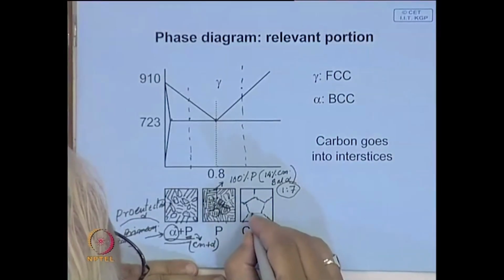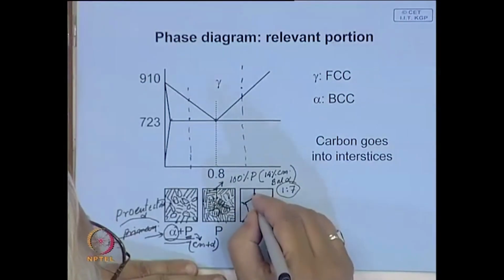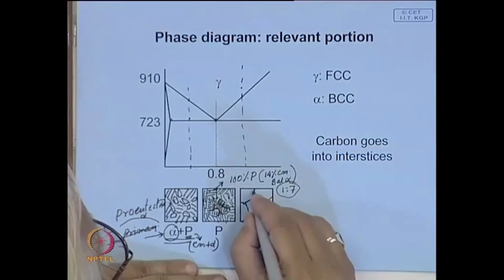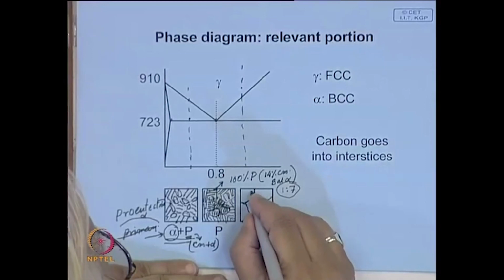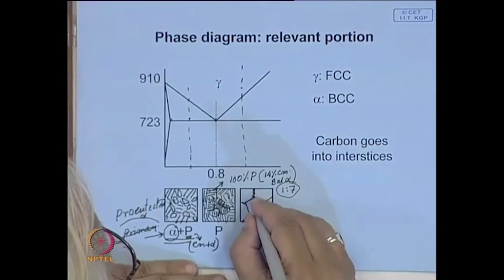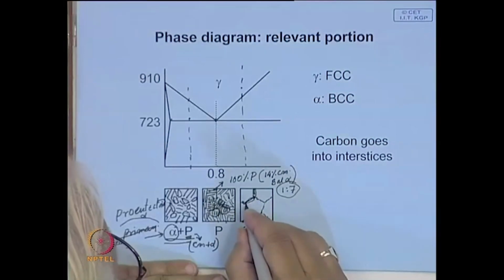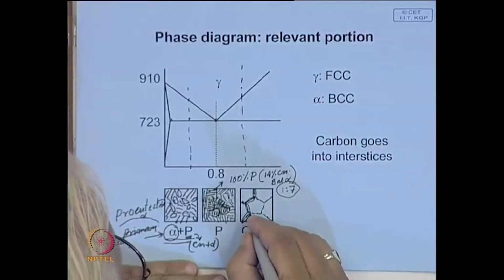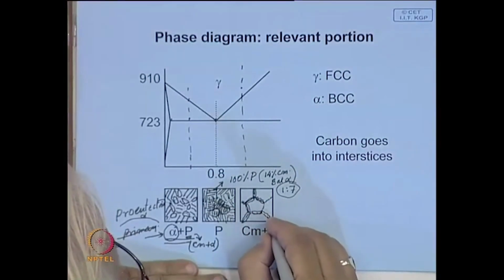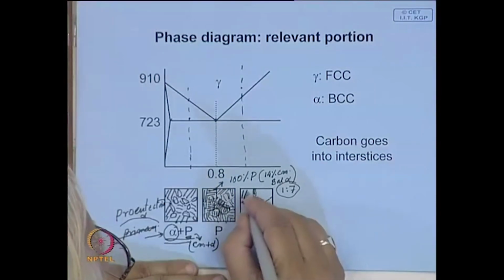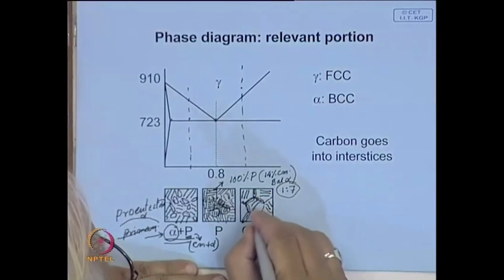When it grows, you can clearly see it, because normal nital etching etches only the boundary between cementite and austenite, or cementite and ferrite. So you may find a bright white network around this, and the balance will be perlite.